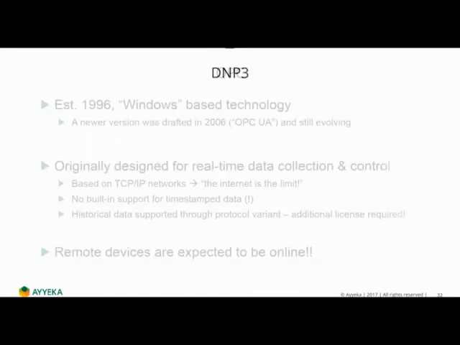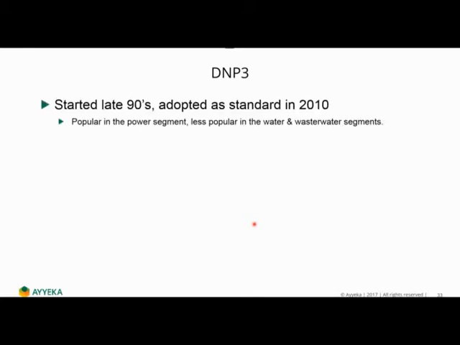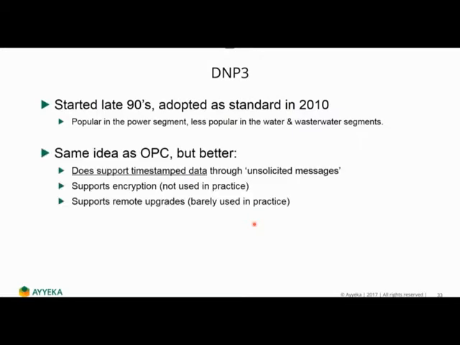Okay, so here's another candidate. That's DNP3. It's newer than OPC, I would say, and it's still being adopted. It's not so popular in the wastewater industry. It is popular in the power segment and other industrial segments. Same idea as OPC, but better. It does natively support timestamped data, so you can push historical data natively into the SCADA system.